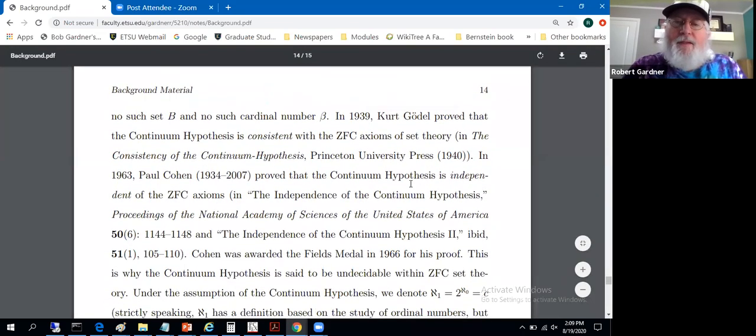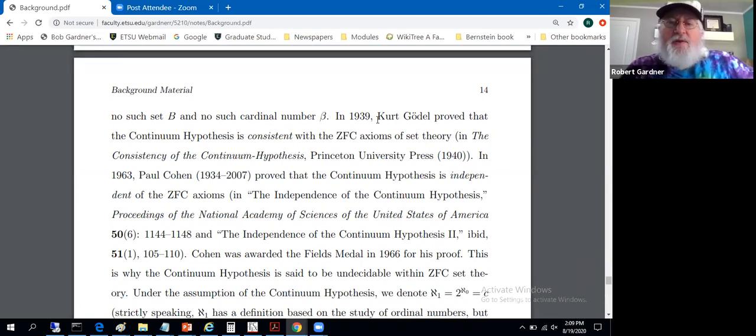Funny story. In 1939, Kurt Gödel, of Gödel's incompleteness fame, proved the continuum hypothesis is consistent with the ZFC axioms of set theory. Here's a little reference on that. So what Gödel shows in 1939 is you can't disprove the continuum hypothesis. Well, it gets worse.